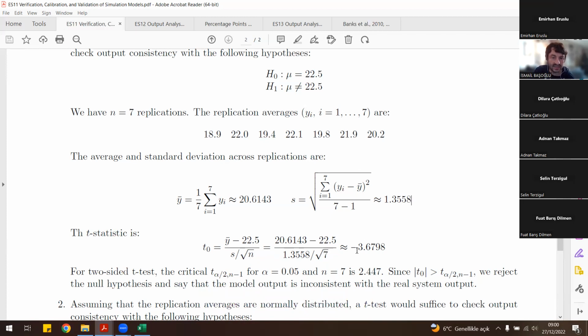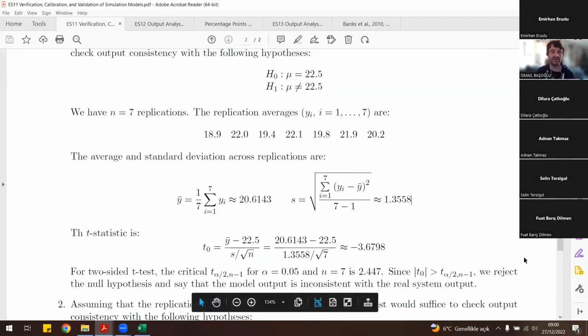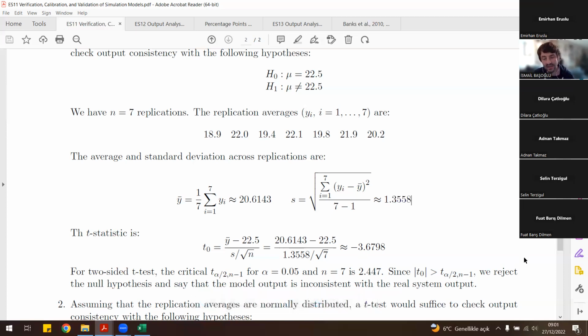You get a t-statistic after dividing the deviation of the sample average from the suggested average of the true parent population by the standard error, and that value, my friends, is minus 3.68 approximately. Okay, this is our t-statistic.